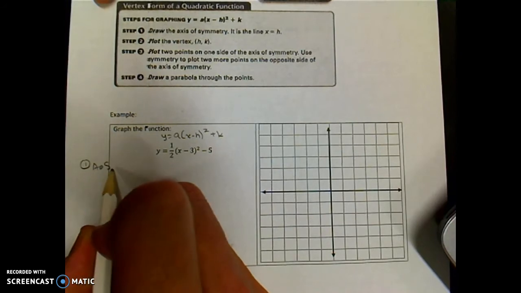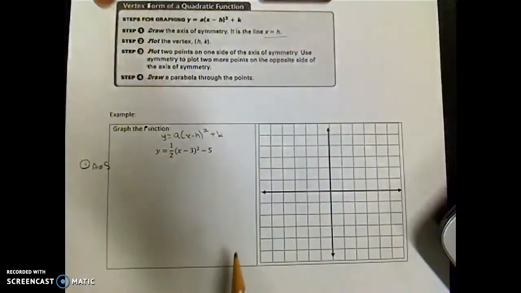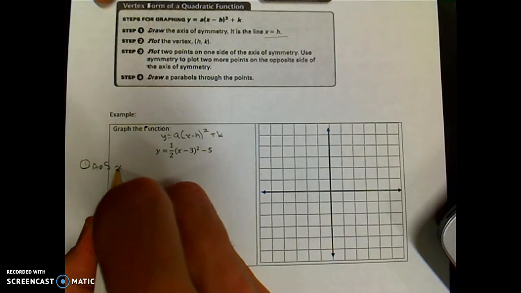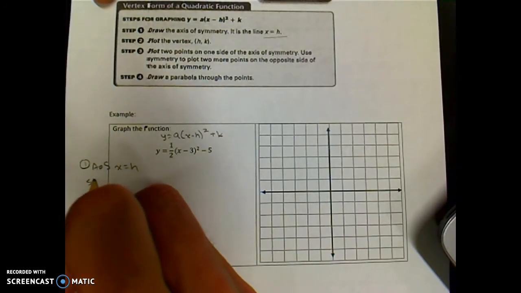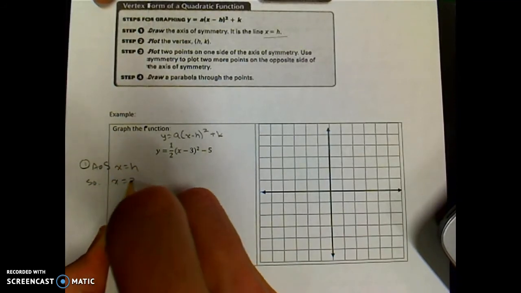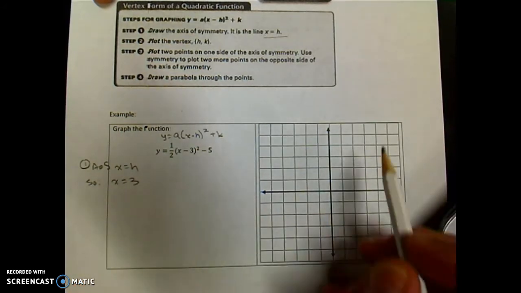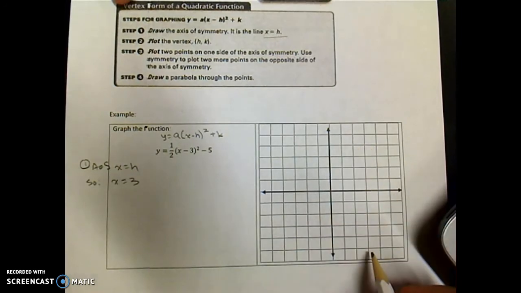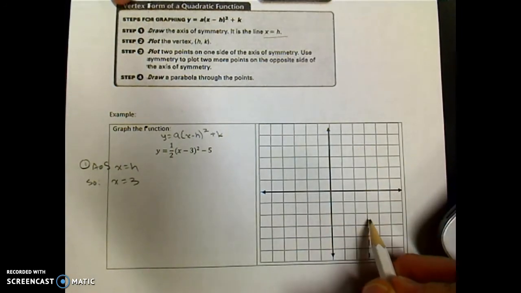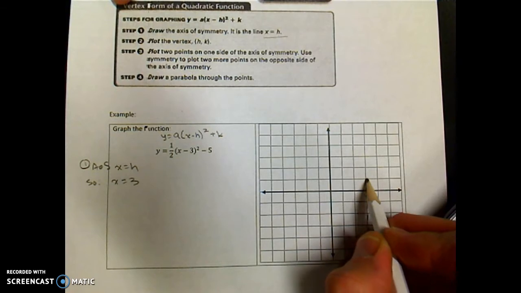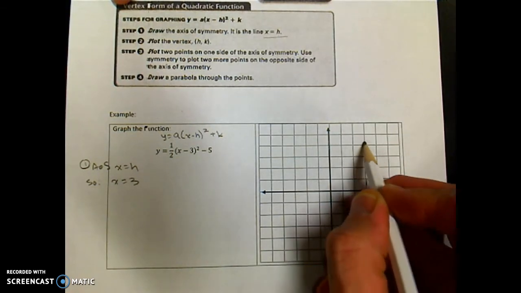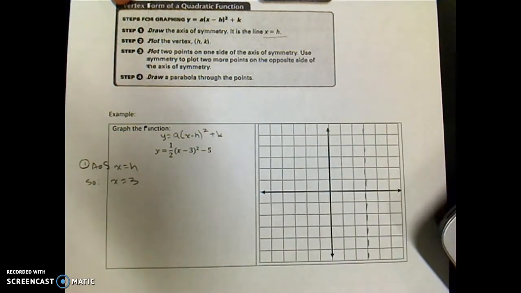My axis of symmetry is the line x equals h. So I can see that my axis of symmetry for this graph is going to be the line x equals 3. I'm going to go ahead right to my coordinate plane and draw on a dotted line that represents my axis of symmetry.